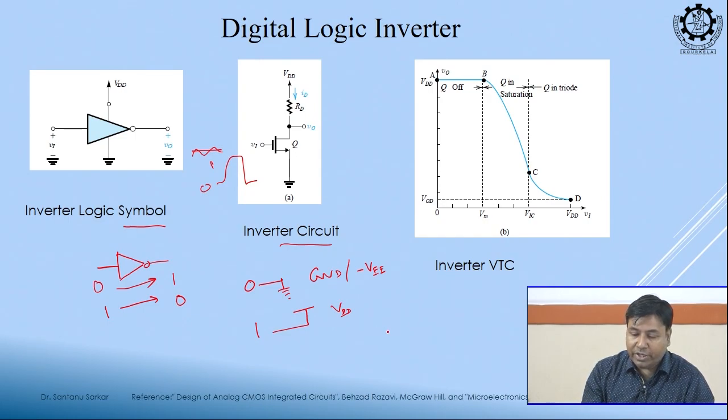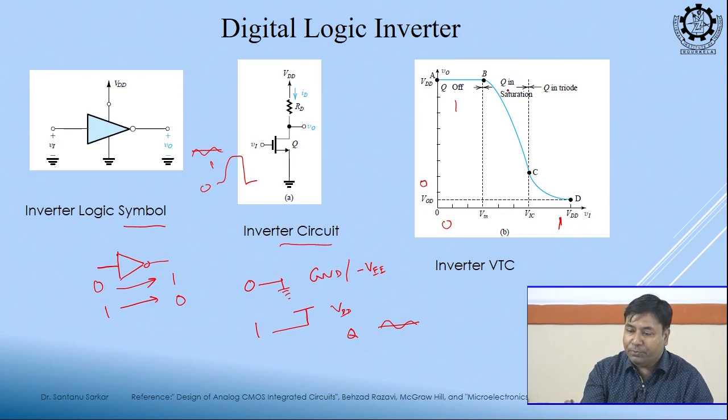Generally, we do not give full swing for an amplifier, we have a DC point and we give a small signal, but for digital logic we have a full swing, maximum possible swing, 0 to VDD. All right. So, we know that when input is 0, output will be 1, and when input is 1, close to VDD, output will be 0.